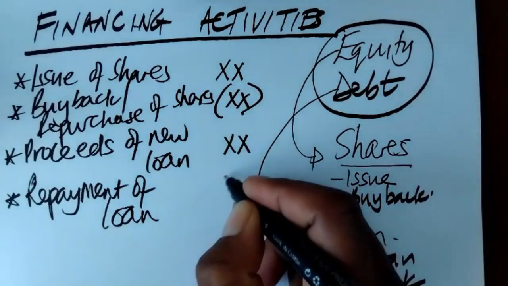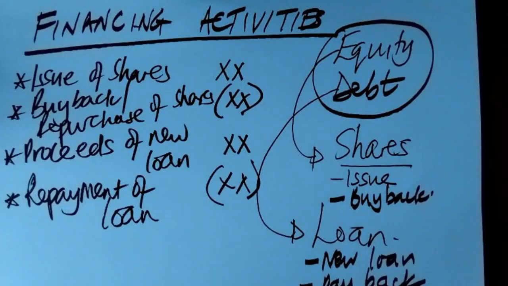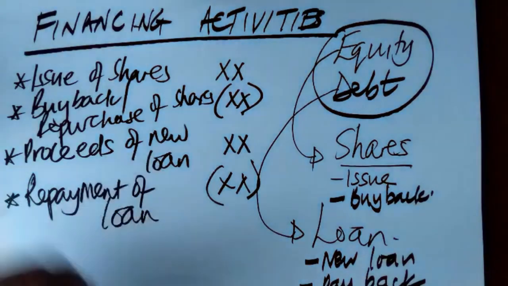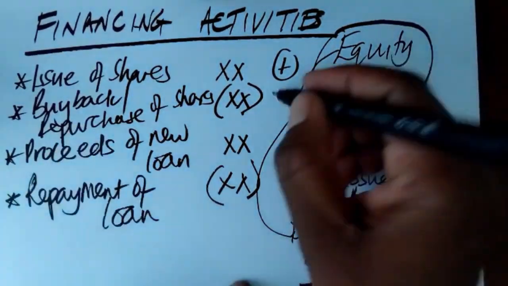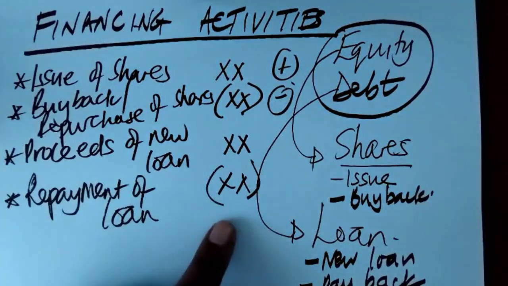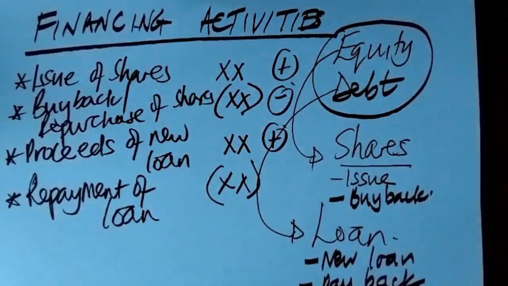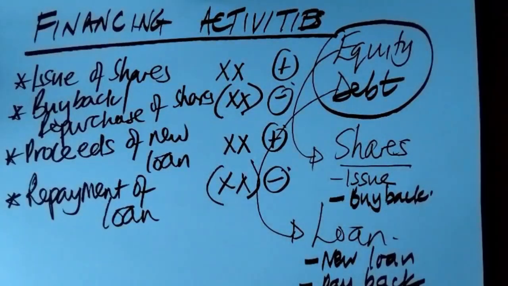If you repay a loan, to repay, it means it has to be negative, right? So what does it mean? It means in terms of financing, issue of shares is positive for the bank, money comes in. Buyback of shares, negative for the bank, money goes out. Proceeds from the new loan, positive for the bank because money comes in. Repayment, negative for the bank because the money goes out.